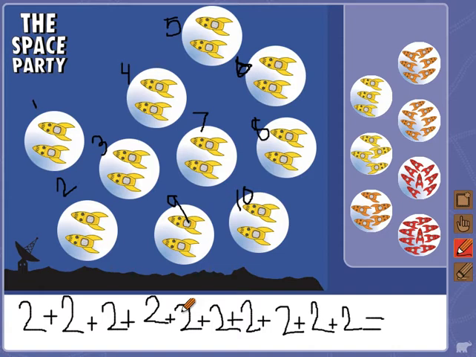We could do it that way, or we could skip count. 2, 4, 6, 8, 10, 12, 14, 16, 18, and 20. So 10 groups of 2 is 20.